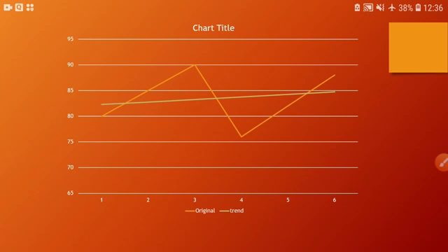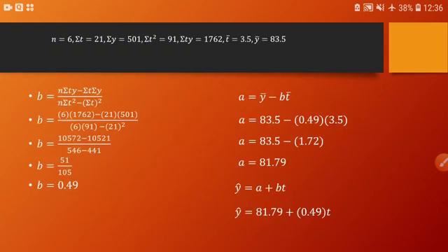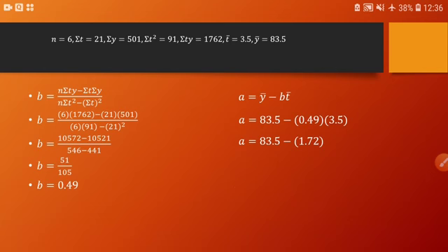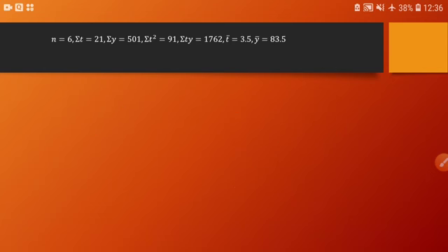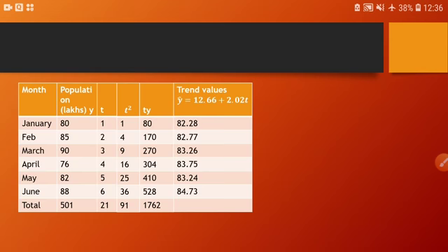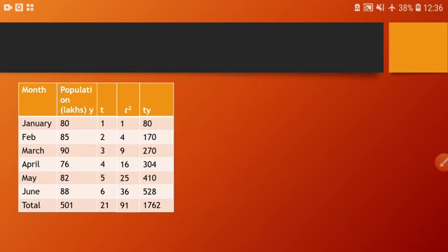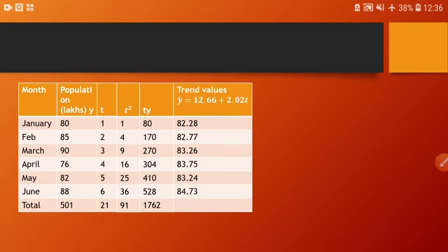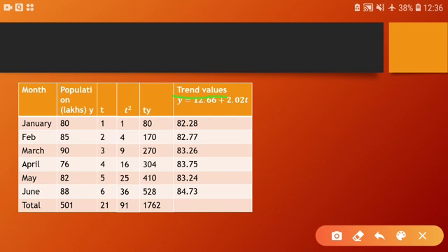Okay, then, as I told you, we need to find this graphically. So for the graph you have to find the trend value for each year. In the previous sum we found this column, trend value for each year. You know how we found it? For t equal to 1, we solved it like this.